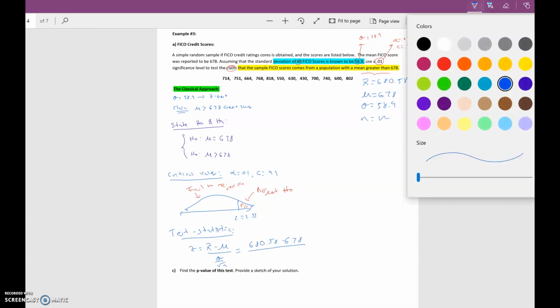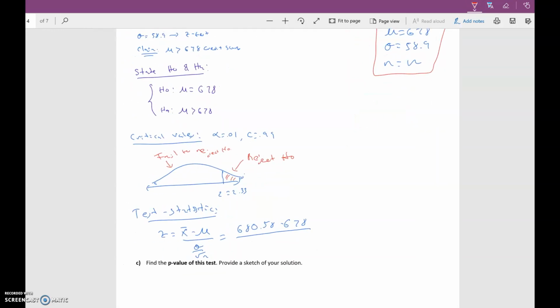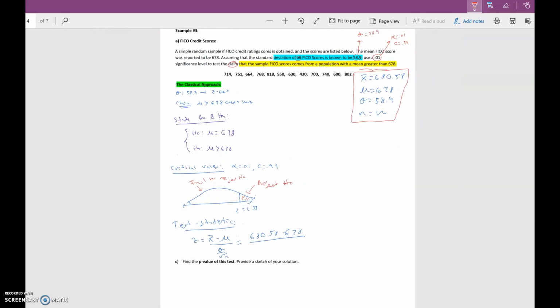This is the important information that we technically need from the data set. So in this case, we're simply looking at 58.9 over the square root of 12. Please evaluate that and see if we're matching.